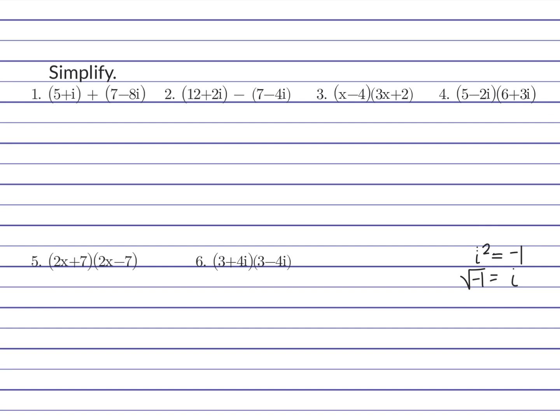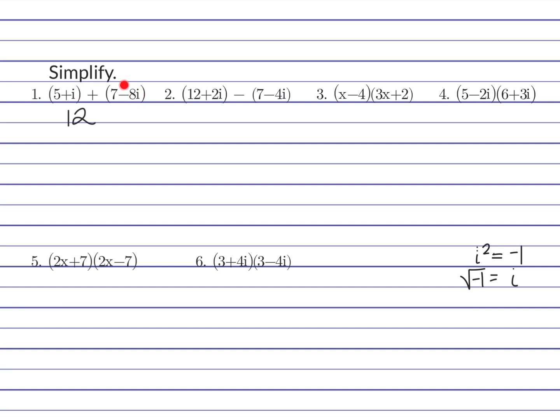Number 1, simplify. I'm going to add like terms. That's basically what this says. Add like terms. 5 is like terms with 7, so 5 plus 7 is 12. Positive 1i is like terms with -8i.